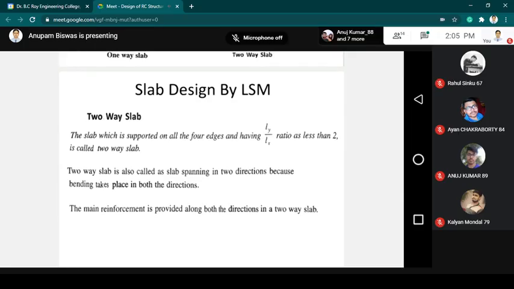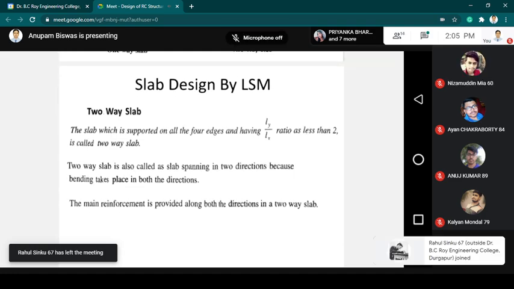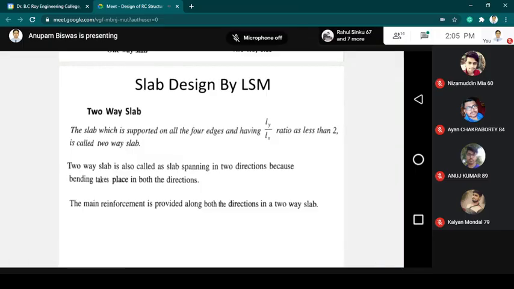If you see the plan of a two-way slab, since the Ly/Lx ratio is less than 2, we have to support the 4 edges, and because of this the slab is called spanning in 2 directions, unlike the one-way slab. Here also bending takes place in both the directions, both the shorter and longer directions.